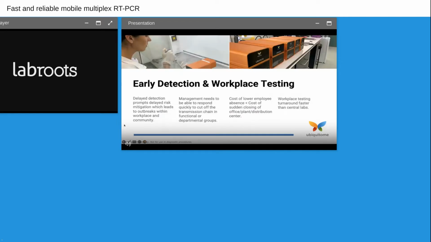So speaking about the paper, we understand the importance of early detection and workplace testing, something that has definitely been explored by many businesses around the world, especially over the past 2 years, where centralized labs have essentially been bombarded with an increased number of test referrals for COVID-19, with bottlenecks in getting plasticwares and supplies to keep up with the demand.